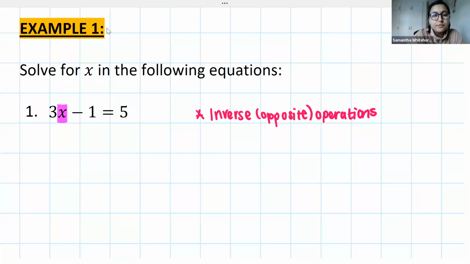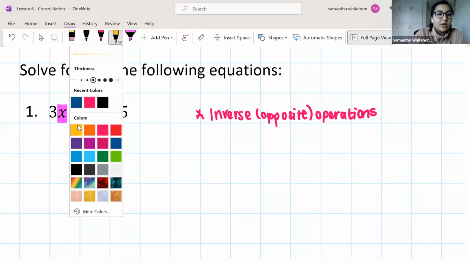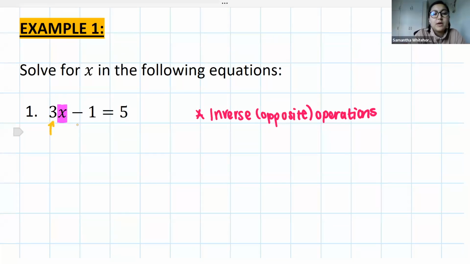So if we have a look here, the first thing that we see is that we have a 3 being multiplied with an x. So we've got a coefficient, and we've got minus 1 being subtracted. So what that means is I need to deal with both the coefficient of 3 and the subtraction of 1 in order to get x alone. Now, the first thing that we always deal with is whatever's been added or subtracted.